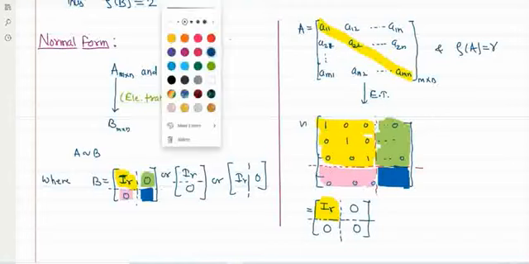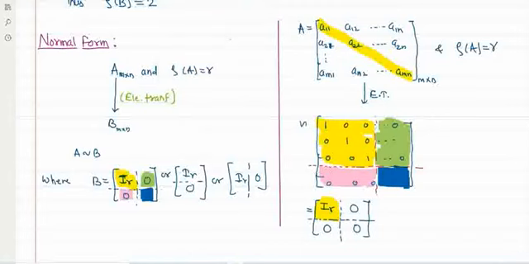Now it may be possible that the 1s are present up to the last row. Then there is no block below, and that matrix we can write as [I_r 0]. Or, if you are getting 1 up to the last column, in that case we may write this as [I_r; 0].